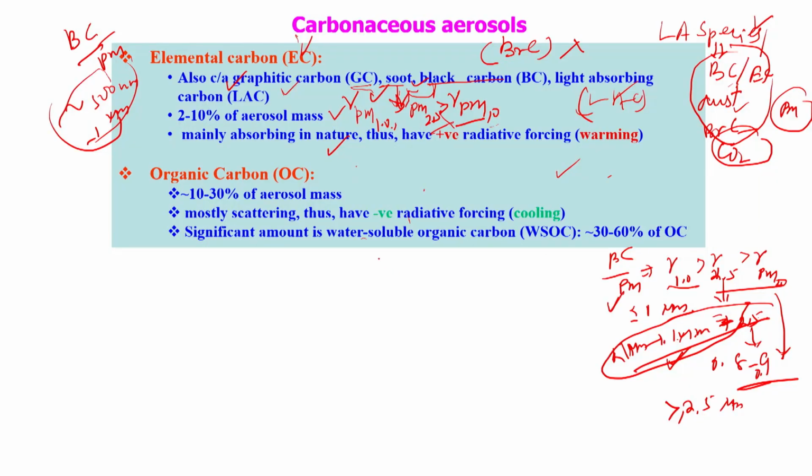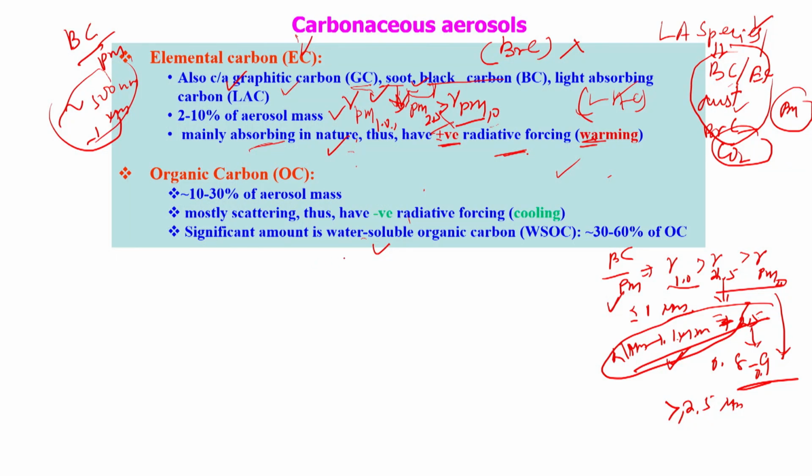Okay, I hope this is clear to you now, and if you are not clear, just use some pen and pencil and try to write this one. As I said, this is mainly absorbing in nature. Thus, if it is absorbed, what will happen? It will lead to heat the atmosphere, because once the surrounding becomes cooler, these black carbon particles will release the heat in the atmosphere again, and because of this they are called a positive radiative forcing, and that is why it will cause warming in the atmosphere.